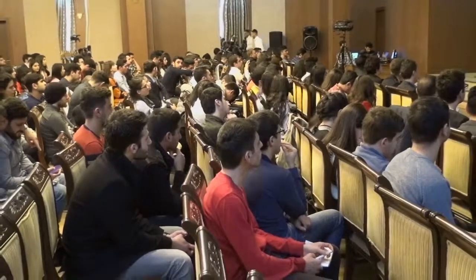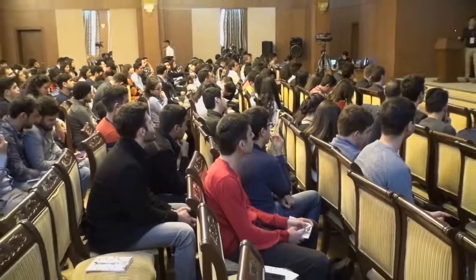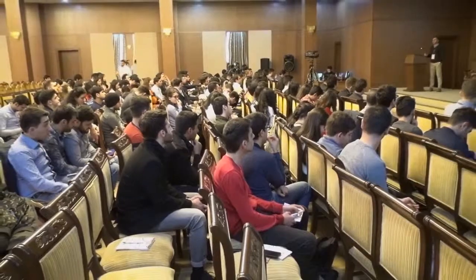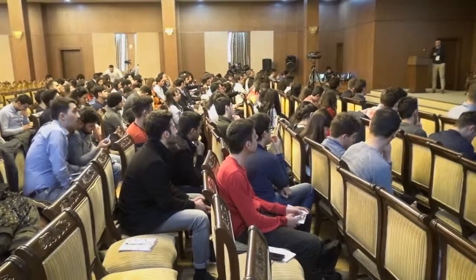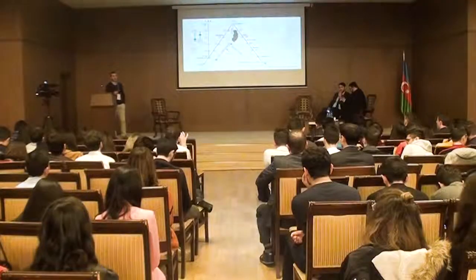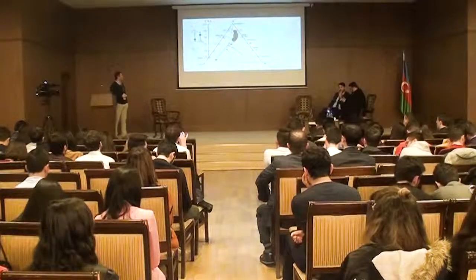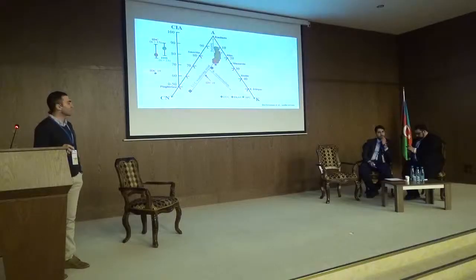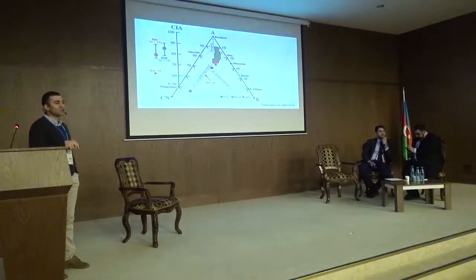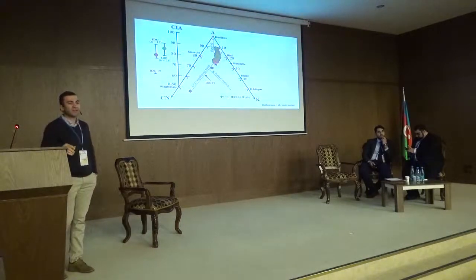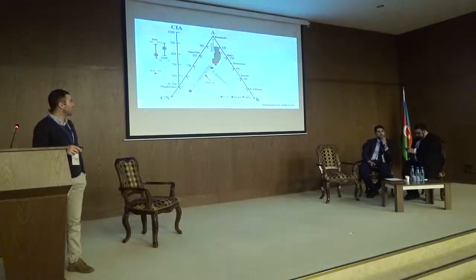And after identifying the source, we focused on reconstructing the paleoclimate. We again use our geochemistry data, mainly major oxides like aluminium oxide, silicon oxide, titanium oxide. And we identified that our climate changed between relatively arid and humid.